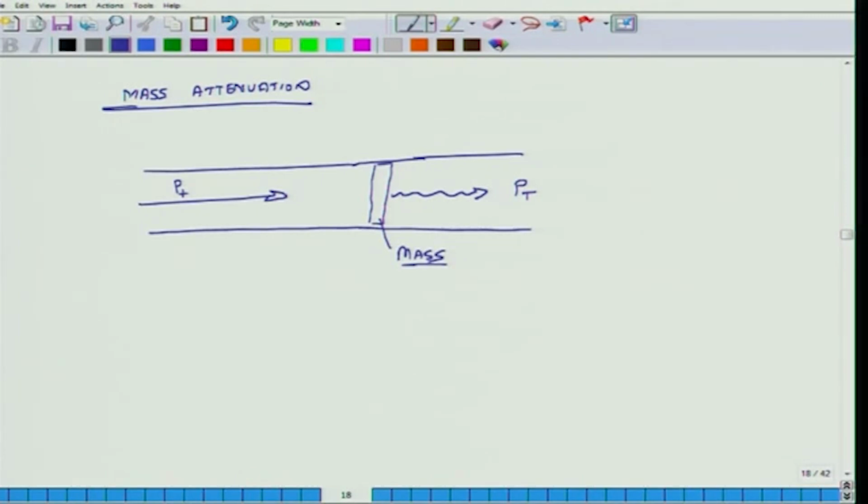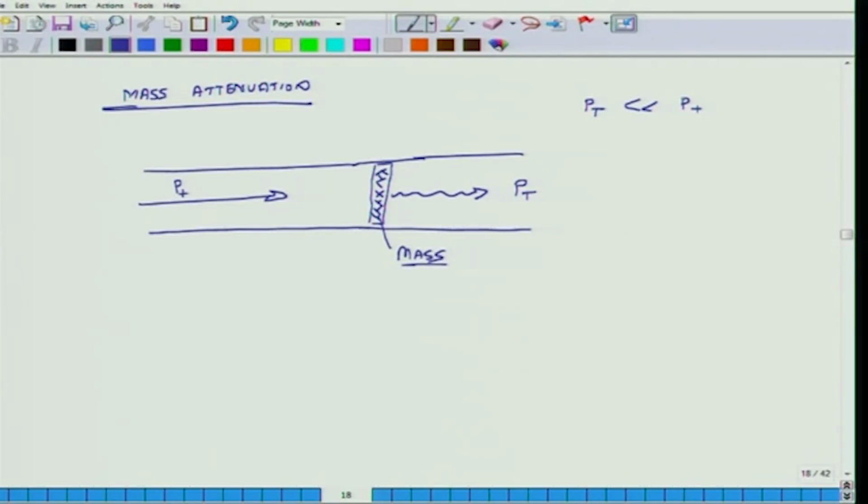What I am interested in is that PT should be very small compared to P plus. That's what I want, and here I am relying on this mass to do that.